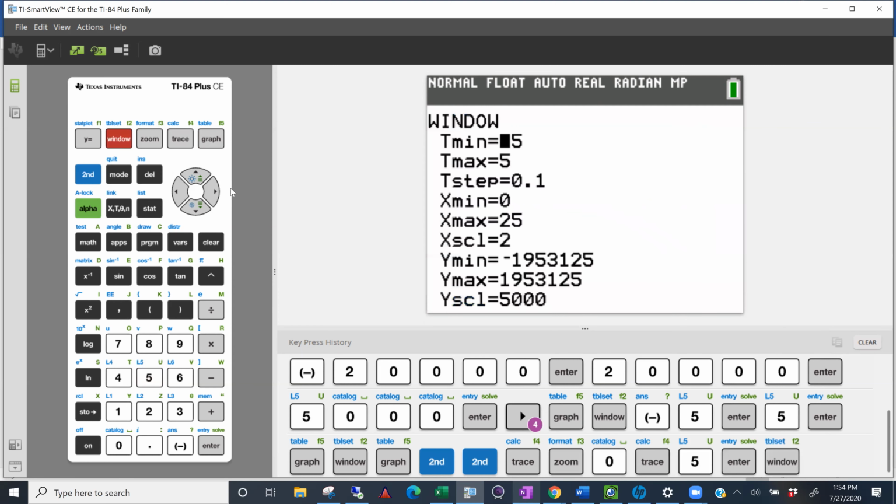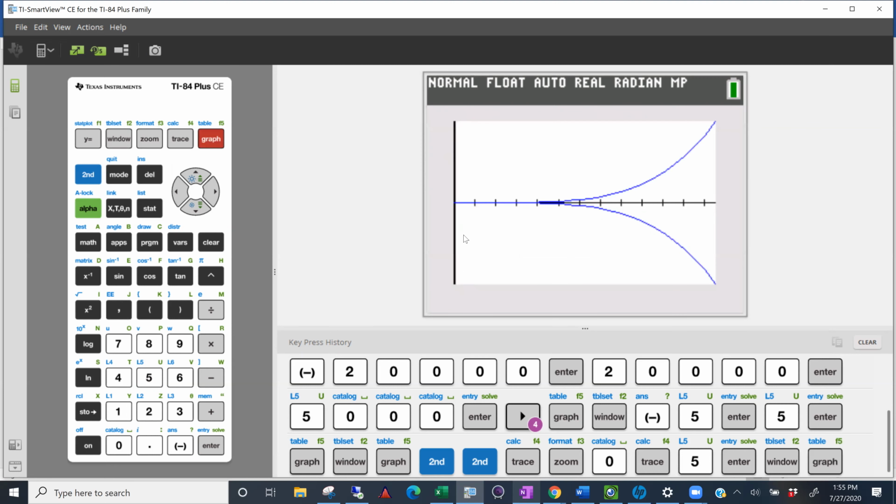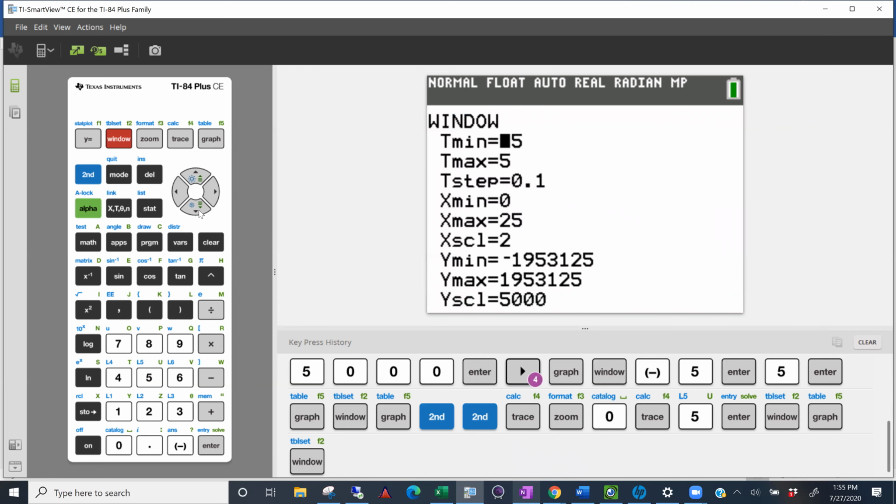Your windows here really tell a story. Look at your y-min and y-max now. The reason you're not seeing anything on the scale on the y-axis is because you have so many tick marks, they just blend in with the background. If I chose a bigger tick mark, let's say 1 million, so 1 followed by 6 zeros, then I might be able to see it.